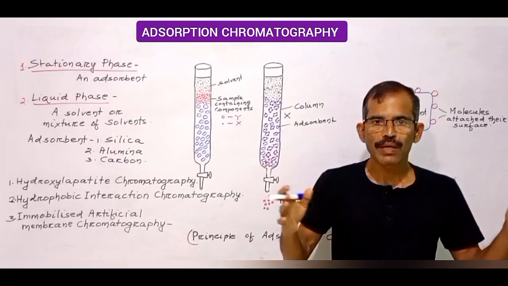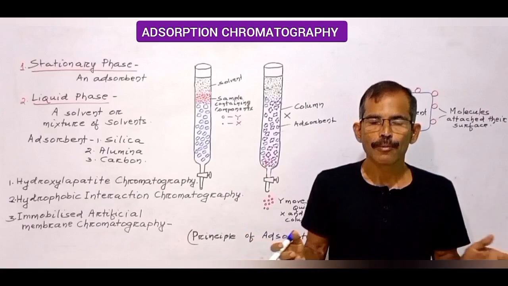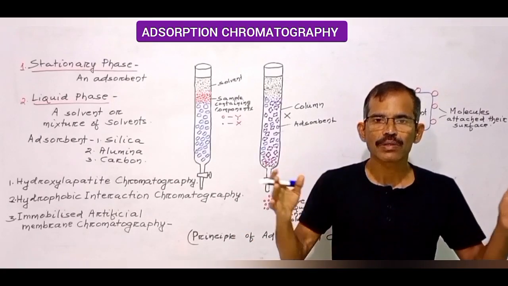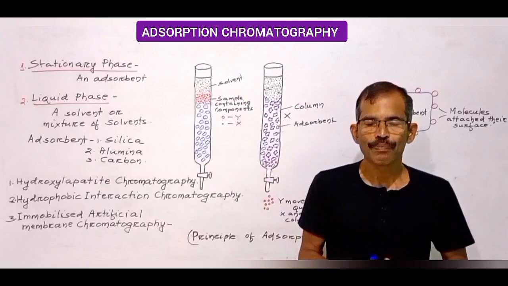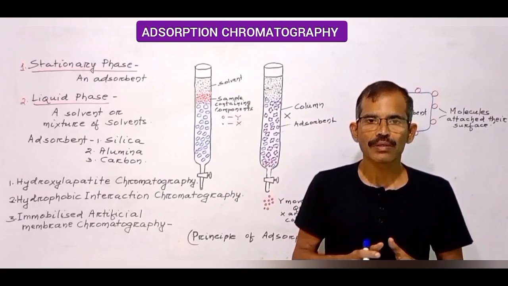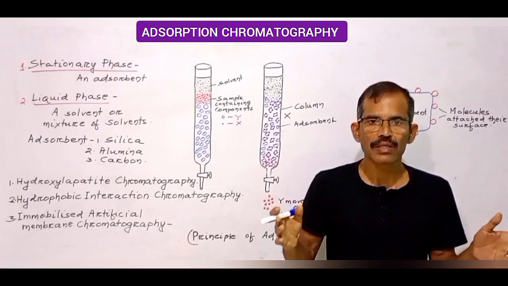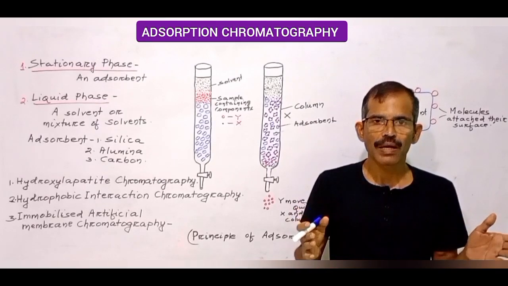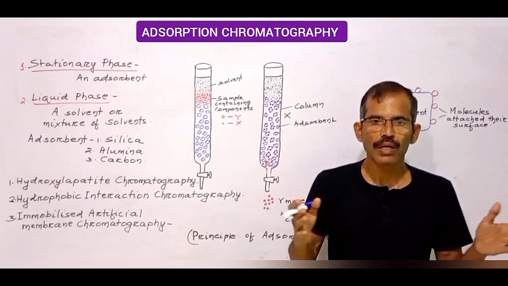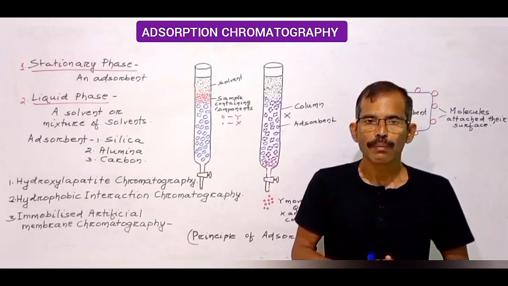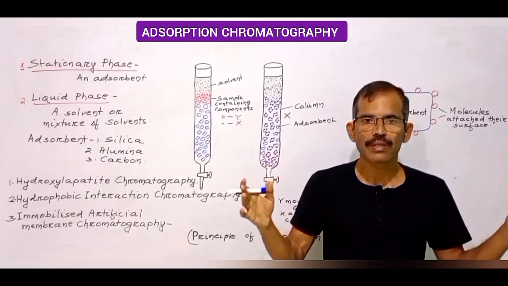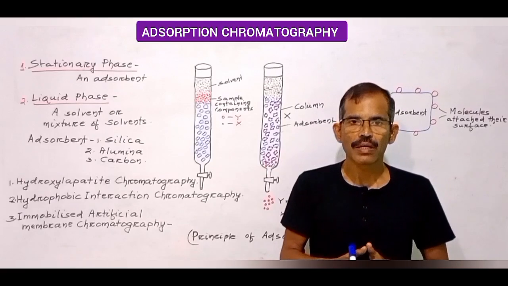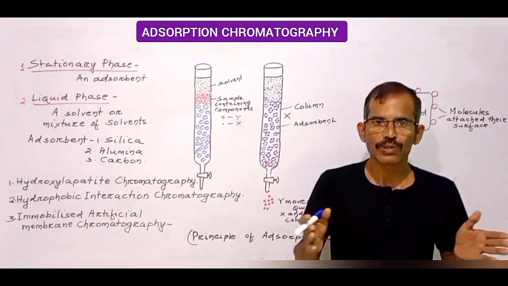At low phosphate buffer concentration, both forms of DNA bind the hydroxylapatite matrix. But when the buffer concentration is increased, single-stranded DNA is dissolved and hence is eluted out of the column. But as the buffer concentration is increased further, double-stranded DNA is released.